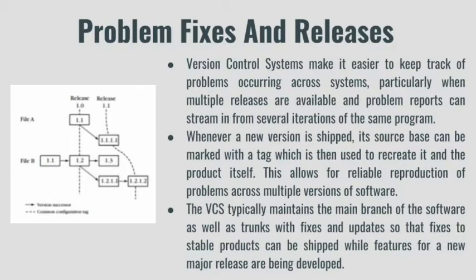And each source base, when it gets shipped, gets marked with a certain tag so that when a user submits their problem report, the problem environment can be accurately recreated by using the source tags to recreate the appropriate program version. This allows developers to work on fixes for a current version without having to worry too much about changing the plans for future developments in process.